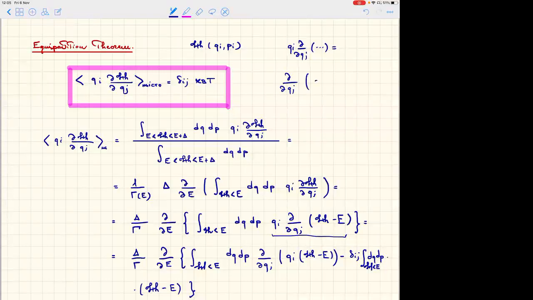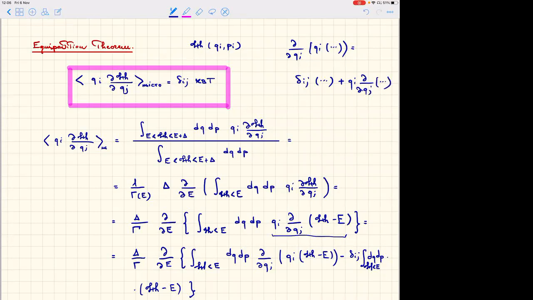Let me explain it this way: d/dqj of qi times something is equal to delta ij times something, plus qi d/dqj of something.